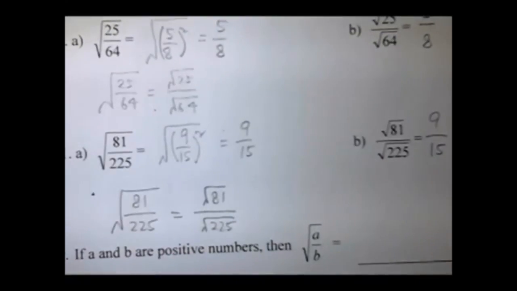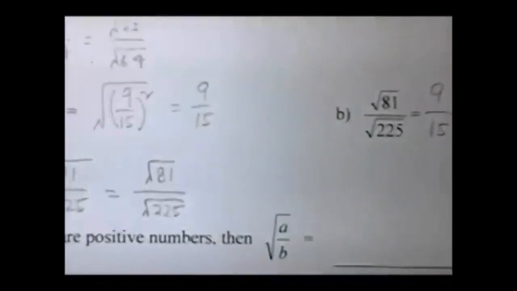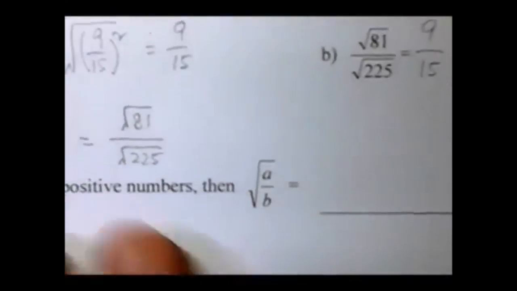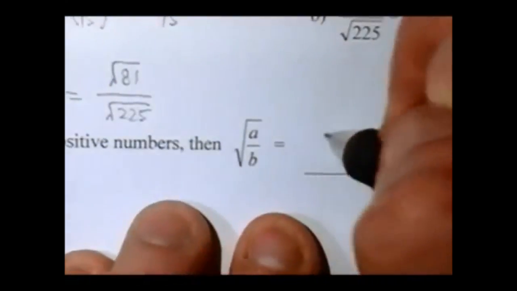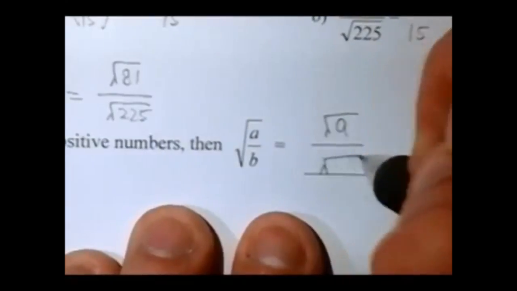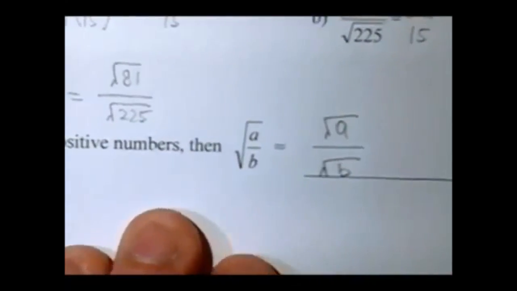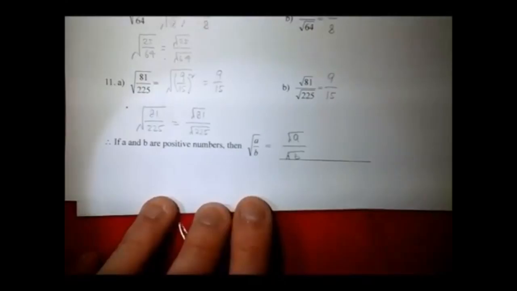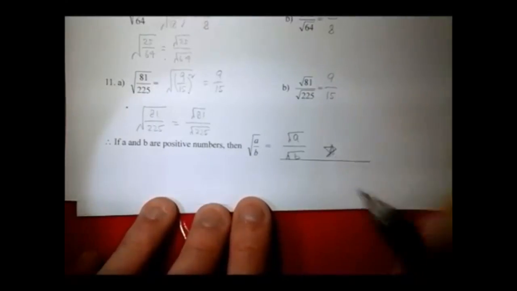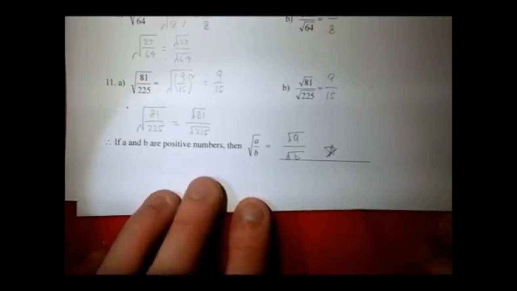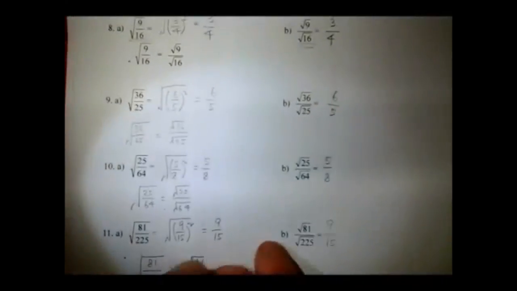This is the answer of part 4. So we can find the conclusion: root of A over B is equal to root A over root B, and this will be the second property of our index norm. Just remember it. Let's try the next page.